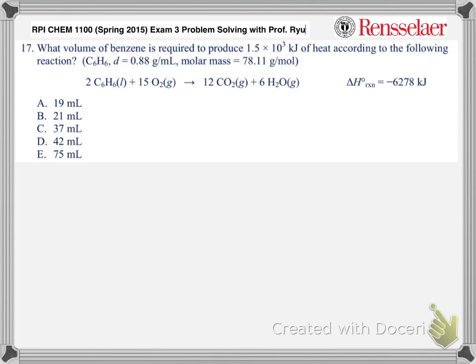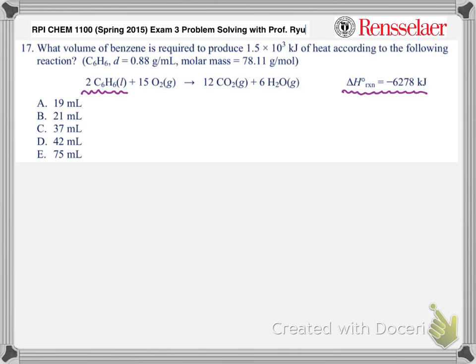Okay, so this is the same thing as a heat of reaction. We have seen this heat of reaction issues before, and let's essentially remember the heat of reaction is depending on how you write the reaction.